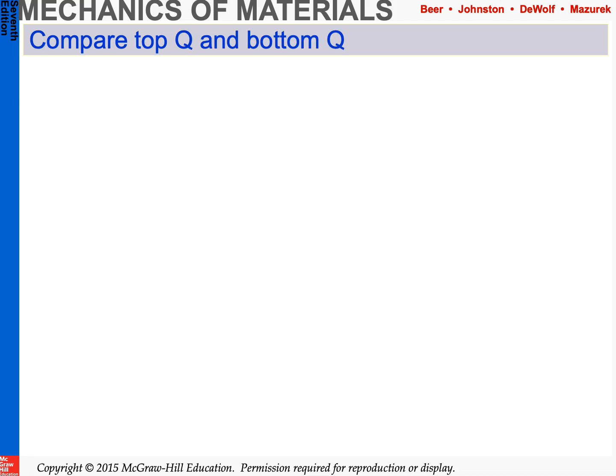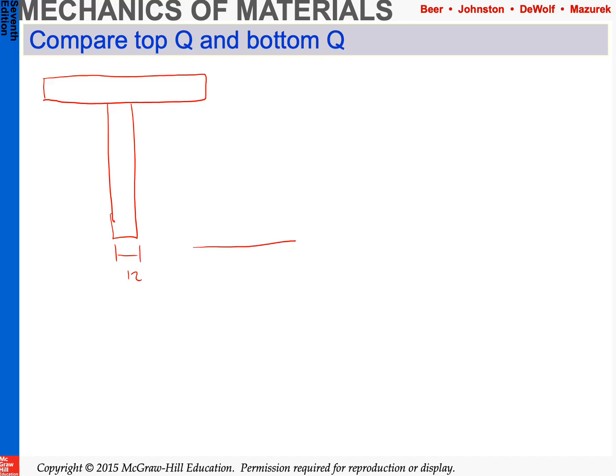So to do this comparison, let's redraw what we have. We have a T-shaped section that looks something like this. Here we have 12, 12, 75, and 125, all in millimeters.